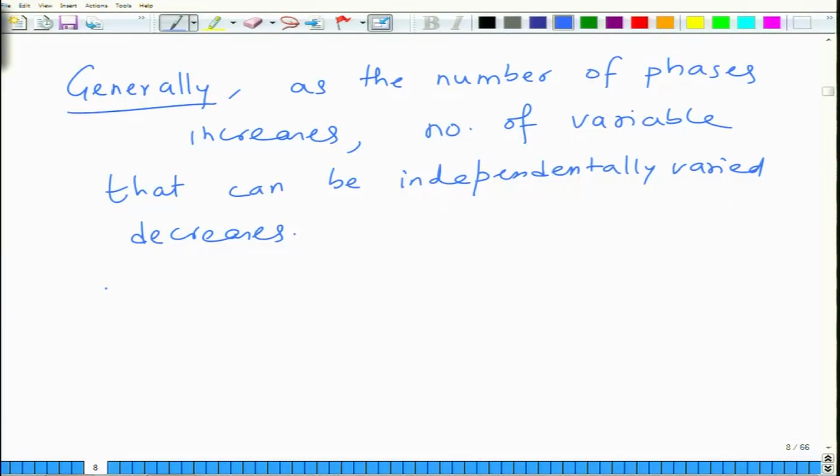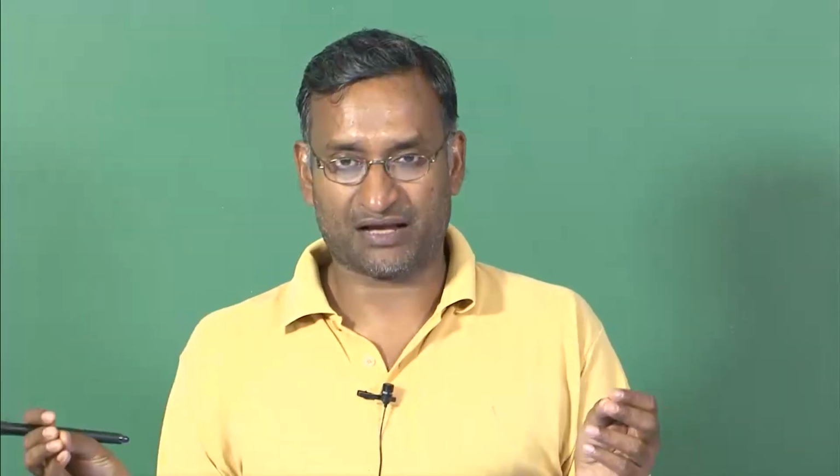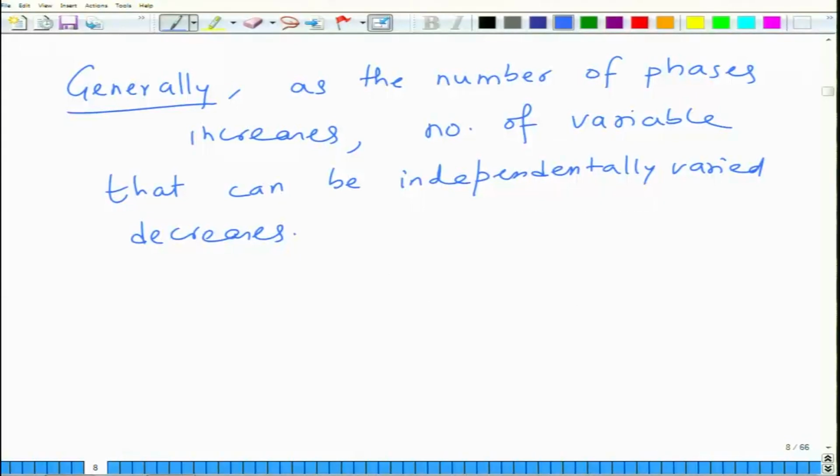A 2-phase coexistence is like a line, a one-dimensional change in the parameter. A 3-phase coexistence is like a point, and a single phase region is like an area, where you can vary both parameters. We will see that distinction between the three in the coming few minutes.